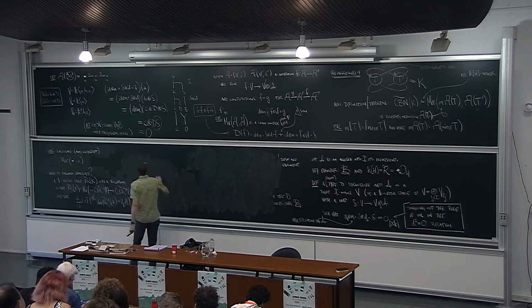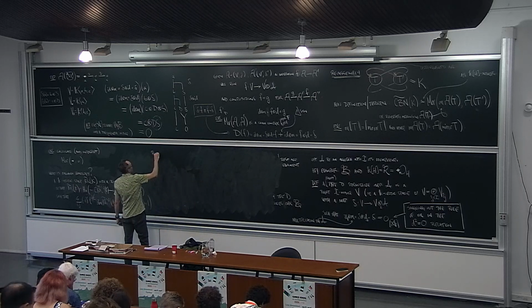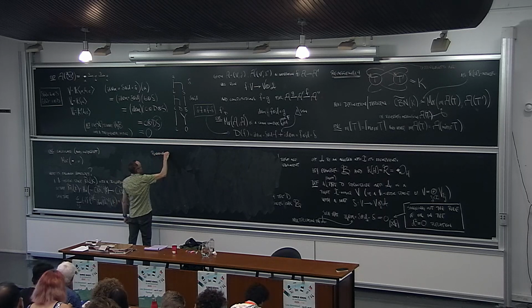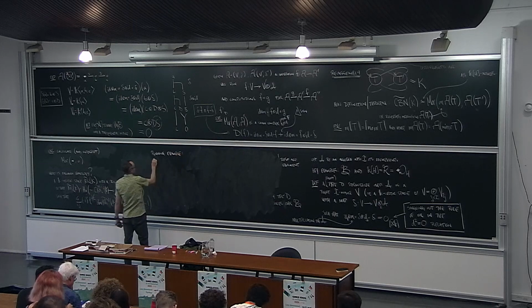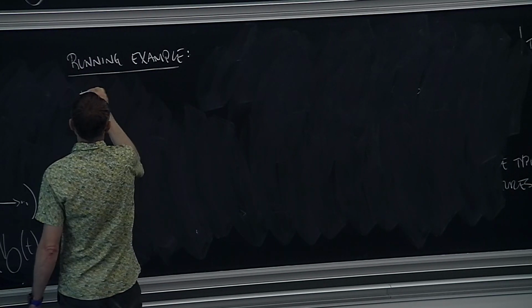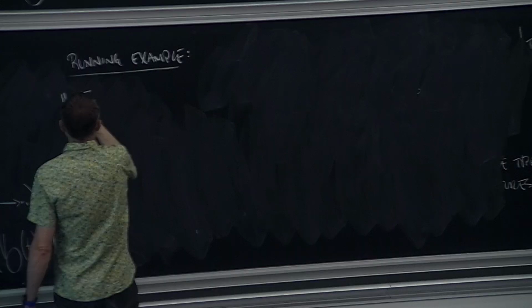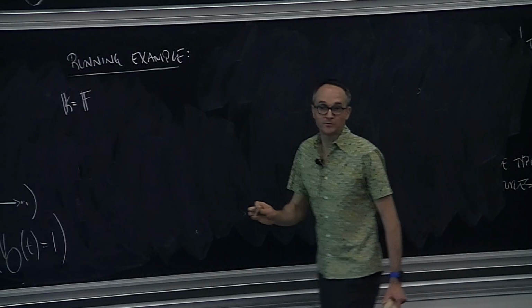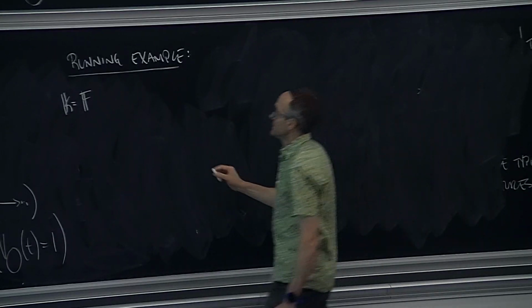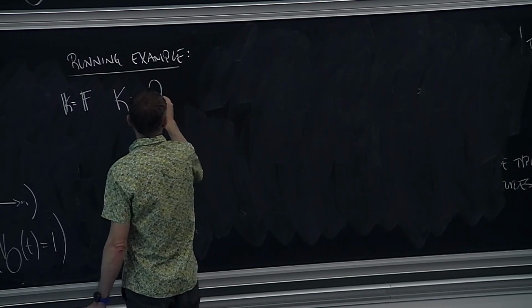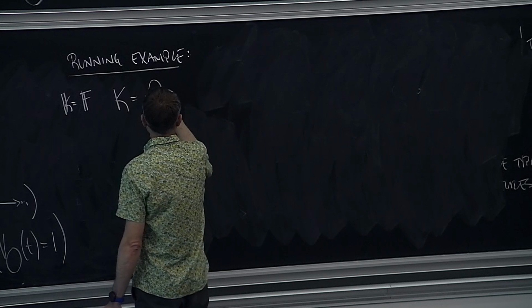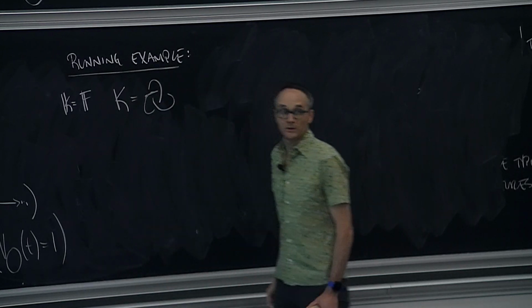I want to have a running example. There is some sensitivity to the coefficients, so let me take k to be the field of 2 elements, and the knot, the other K, to be your favorite knot, the right-hand trefoil.